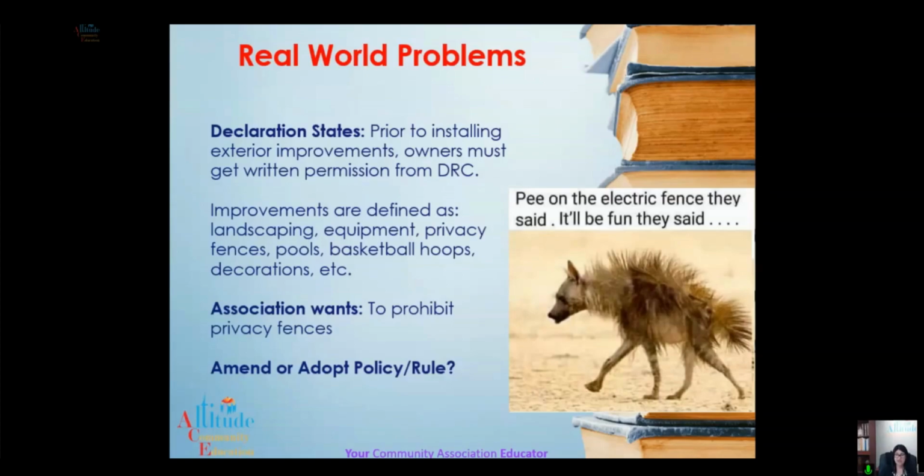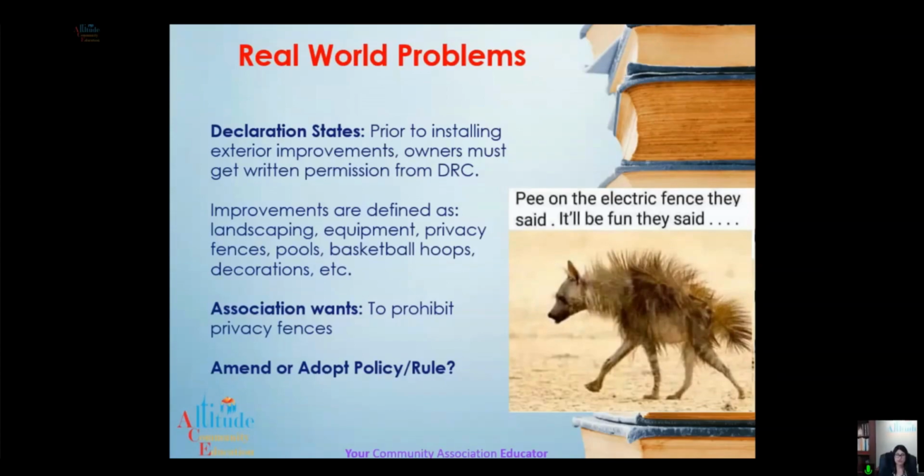So the DRC, or the association, can create requirements for privacy fences, right? But it can't just prohibit privacy fences because the declaration contemplates that privacy fences are improvements that owners can request. And you can't deny homeowners this ability to request.